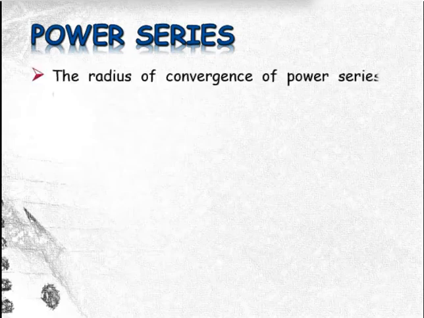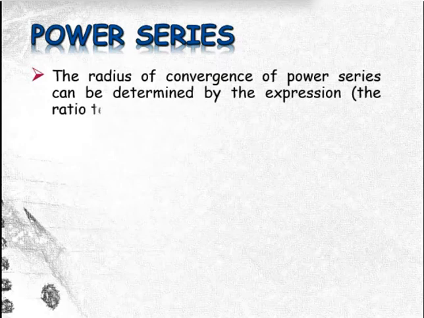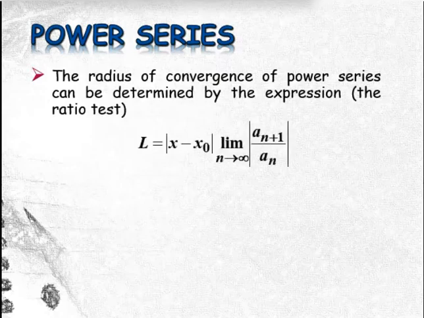To determine the radius of convergence of a power series, we are going to use the ratio test. The radius of convergence of a power series can be determined by the expression L equals the absolute value of x minus x sub 0 times the limit of the ratio of a sub n plus 1 and a sub n as n approaches infinity.